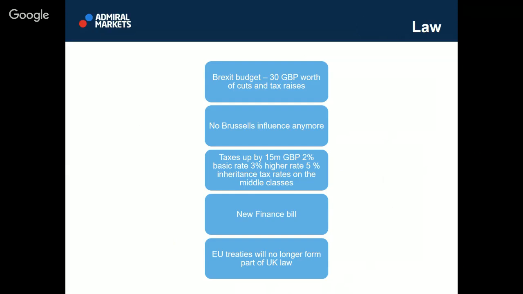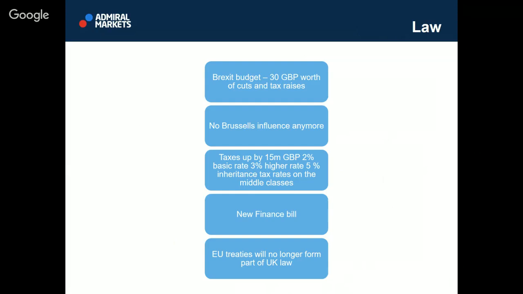The economic shock of a Brexit could force the UK to raise taxes by 15 billion, including 2% on the basic rate, 3% on the higher rate, and a 5% rise in inheritance tax rates on the middle classes. Also, new laws that will be proposed will surely include a new finance bill to abolish the 5% rate on VAT on household energy bills.